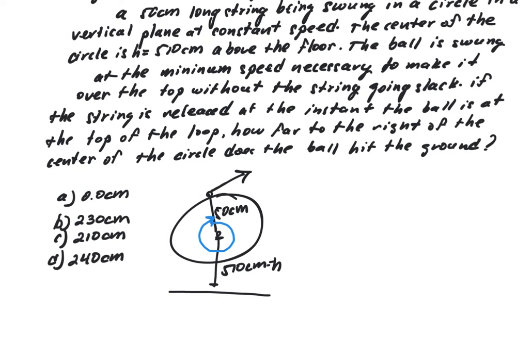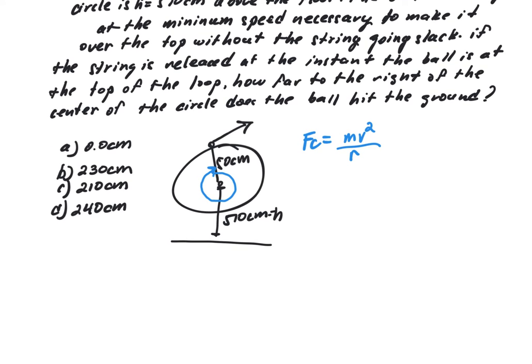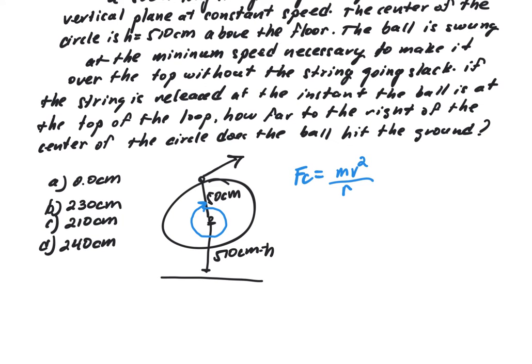So we need to find a centripetal force, which is Fc equals mv squared over radius. So this goes mg because of the centripetal.